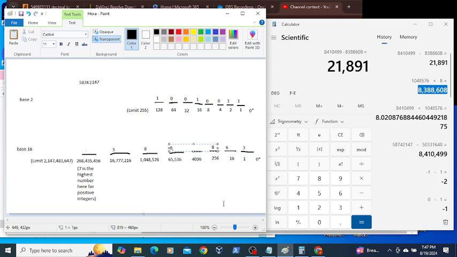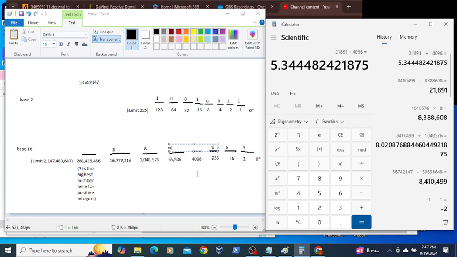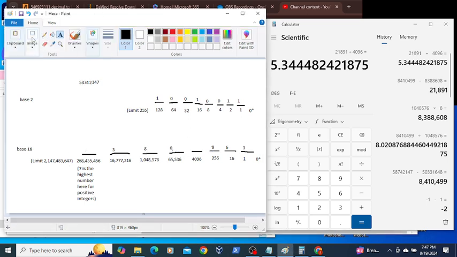How many times does 4,096 fit into it? Maybe 5? Yeah, I think it's 5. I'm certain it's 5. Oh, I forgot to get rid of those. Hold on.